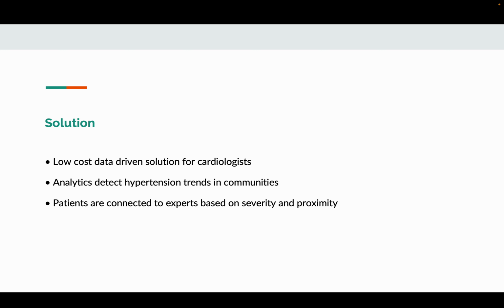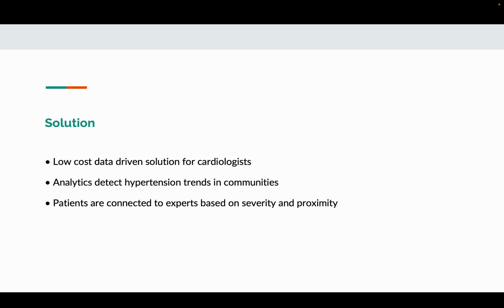So we said that the solution would be supporting cardiologists to share their information with users in a way that is low cost, and then use information that you collect with users over time, because this will show if people are improving. That is what we mean by hypertension trends.